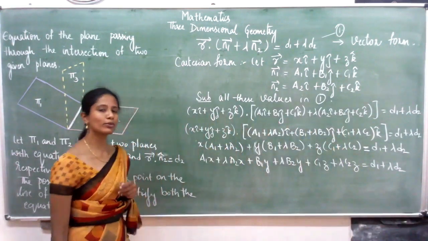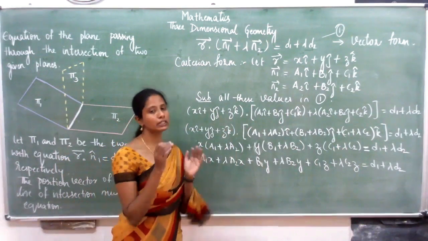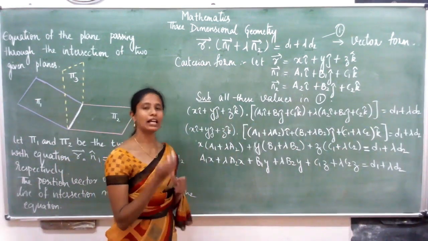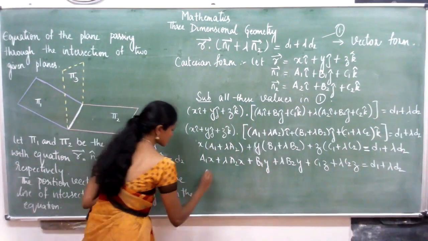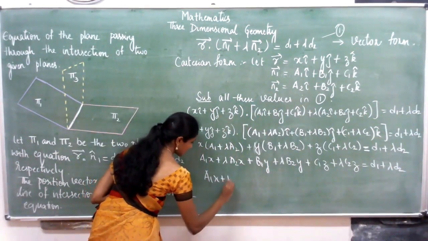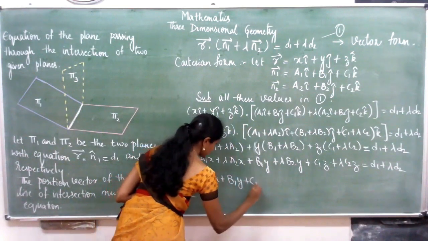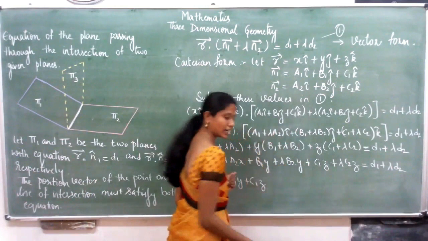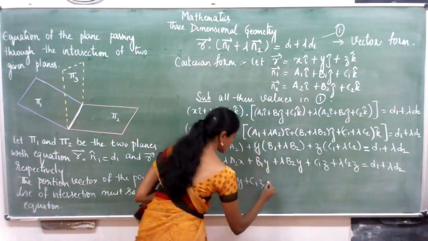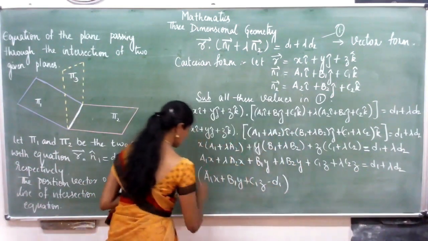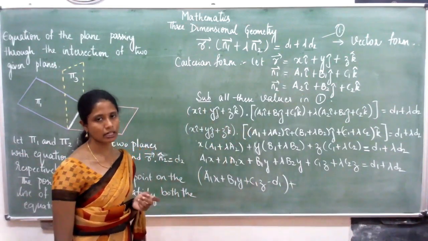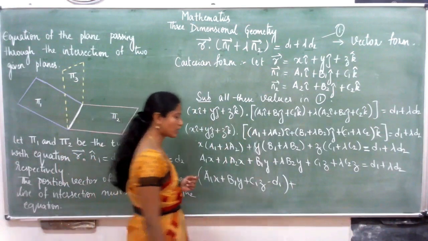Now I am going to group the non-lambda terms as one term and the lambda terms as the other one. So here we get a1x plus b1y plus c1z, and I am even including the term from the right hand side, that is d1, which is a non-lambda term, minus d1. Next plus, now we group the lambda terms where I take lambda common.